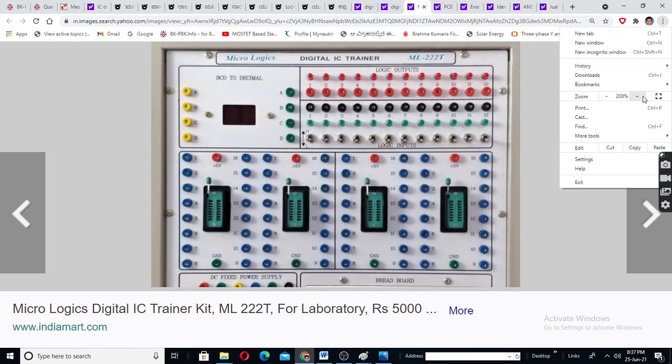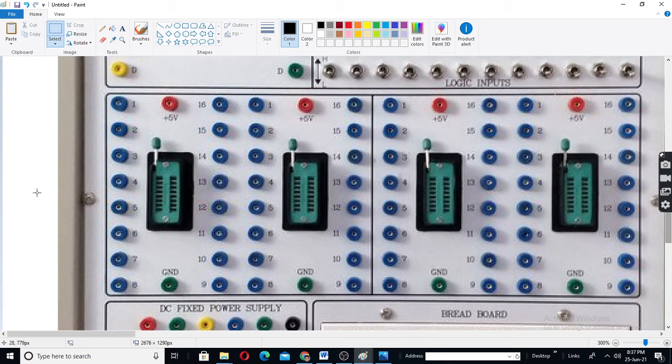That's all. See 1, 2, 3, 4, 5, 6, 7, 8. Insert the pin here and then take numbers like this, 1, 2, 3, 4, 5, 6, 7. Connect 7 to ground. Then this will be 8 now. 8, 9, 10, 11, 12, 13, 14.